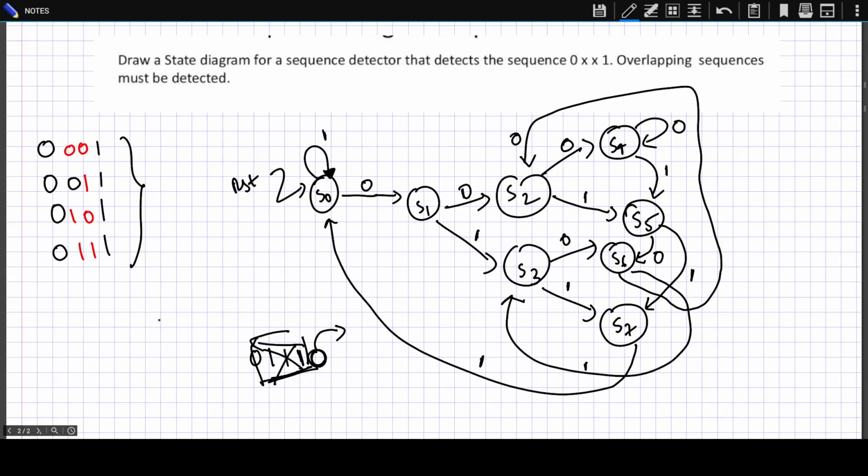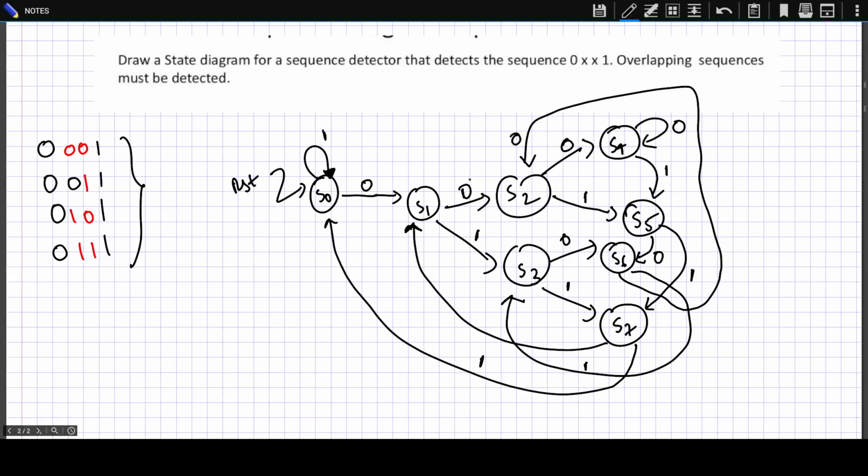If it gets a 0, that is 0 1 1 0, it would not trigger the output, but 0 1 0 would. The only thing being matched or overlapping is this 0. So it would go to S1, where it detects a single 0, because that is the only thing being matched if it gets a 0.